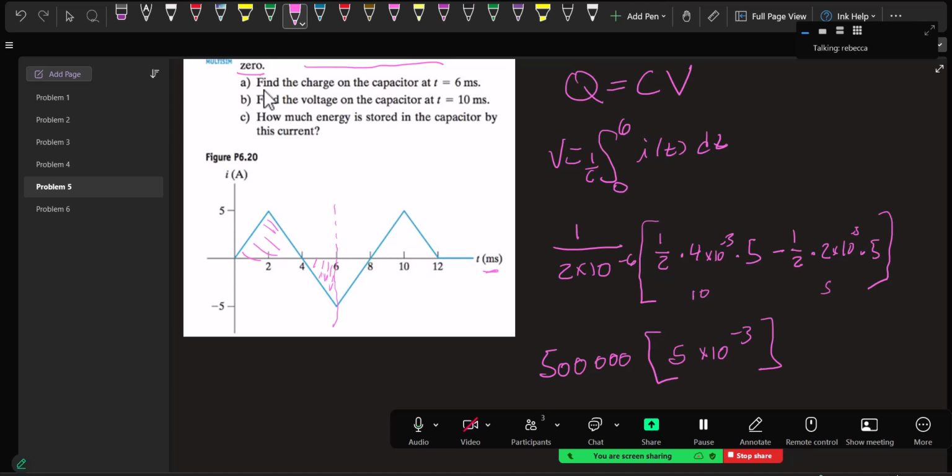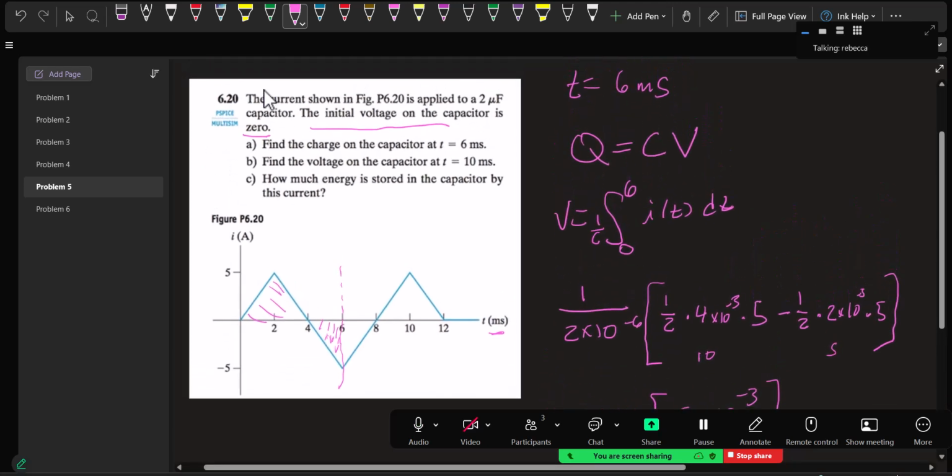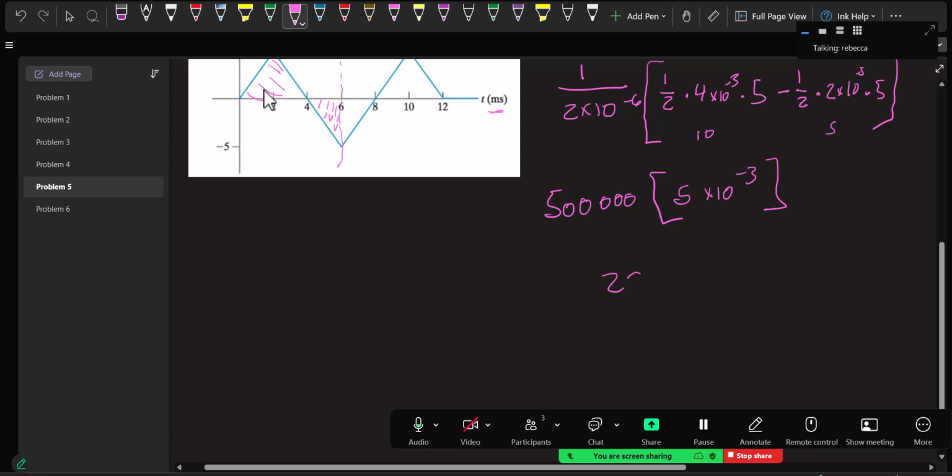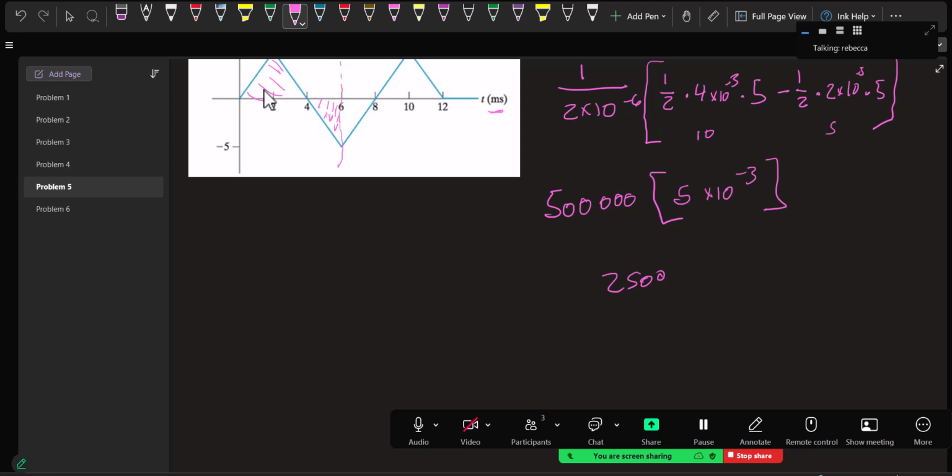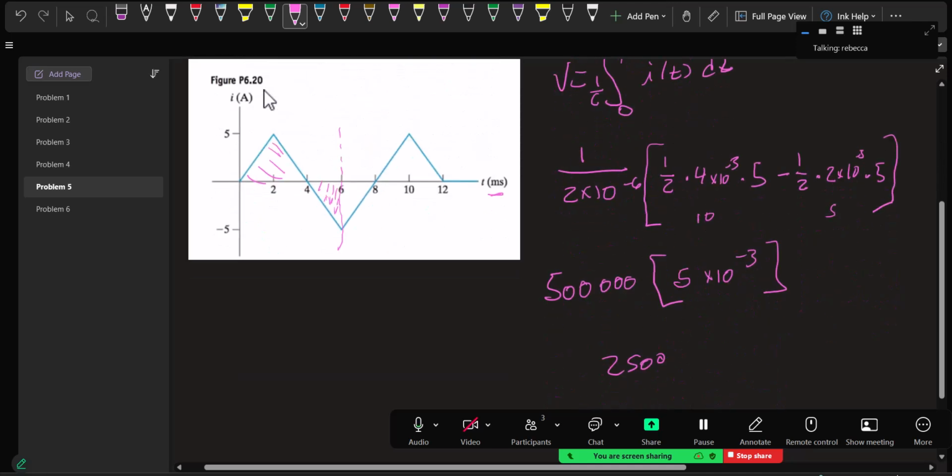What, 2,500? Did you say 2.5? It's 2.5 times 10 to the third. Okay. So 2,500, unless I missed a decimal somewhere. Let's see. It is 2,500.